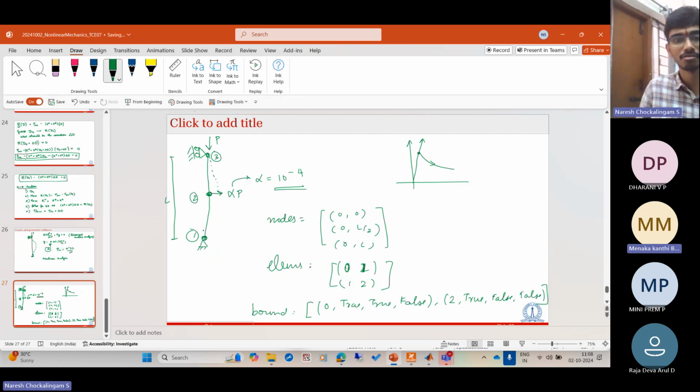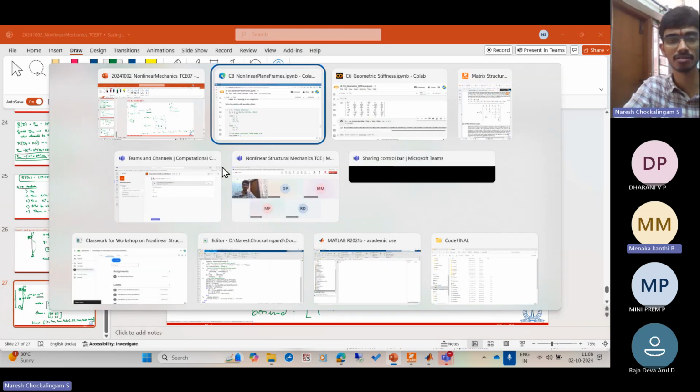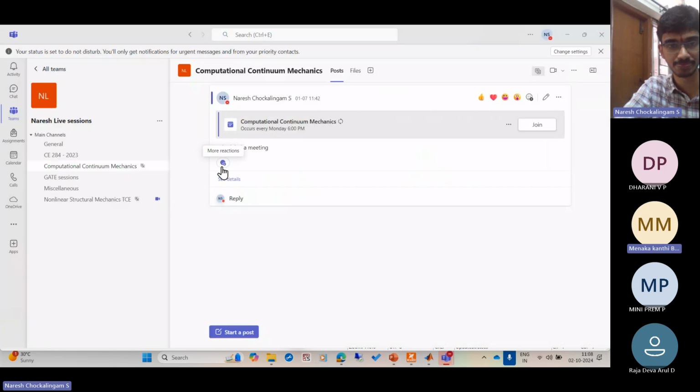So this is at 0. At 1 there is no boundary condition, since you are applying a force. At 2 we are having true, false, false. Anyway, there will be some changes to it, but let's first put this in.